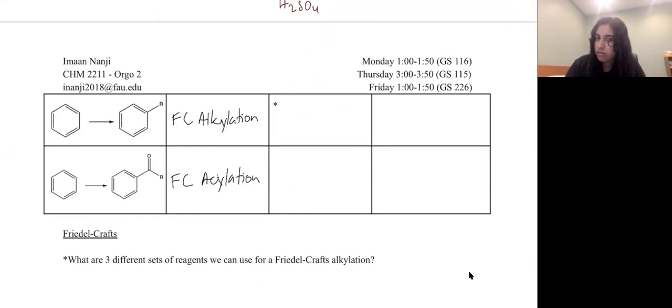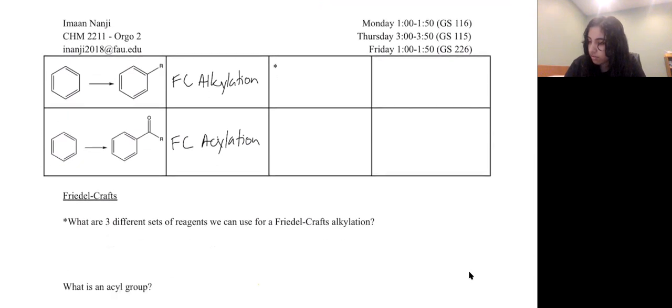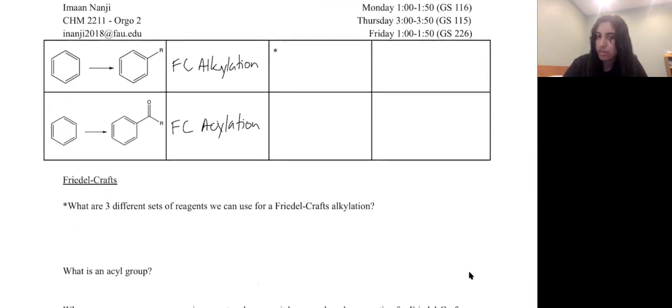Yeah, so for Friedel-Crafts, the most common set of reagents is an alkyl halide over a Lewis acid, usually AlCl3. We'll just start here because there's 3 different reagents we can use. So the first one, RX over AlCl3.